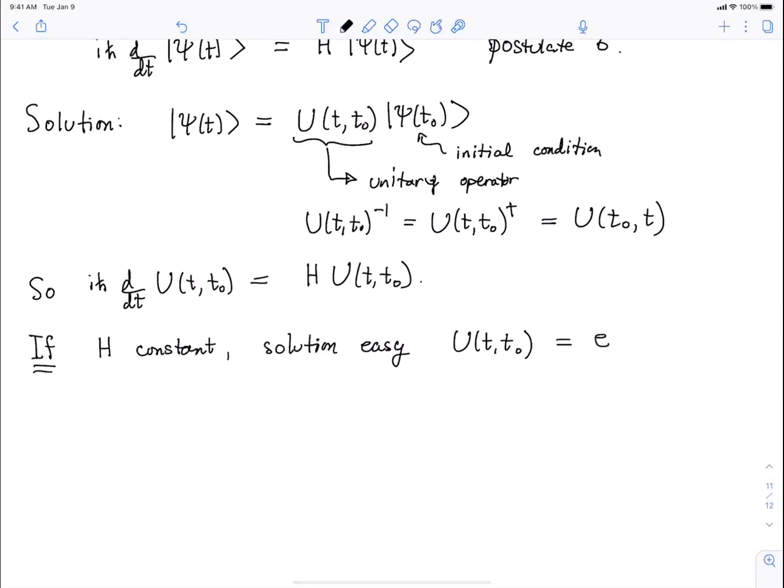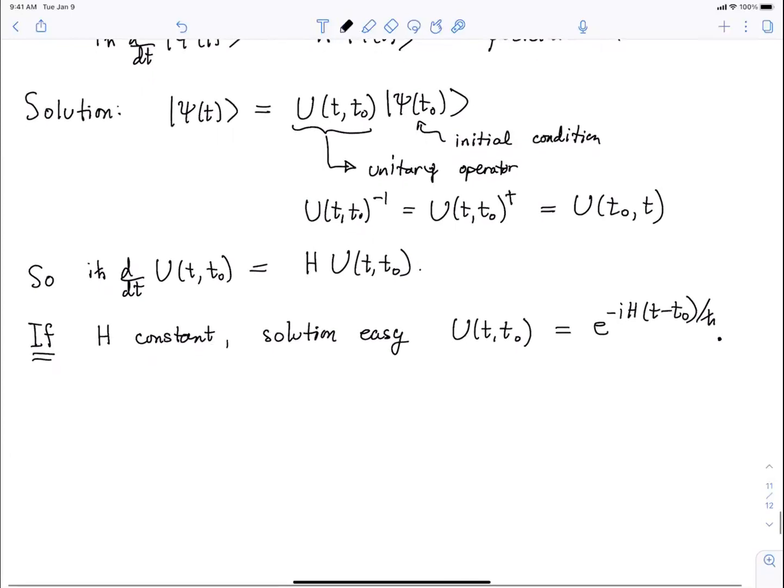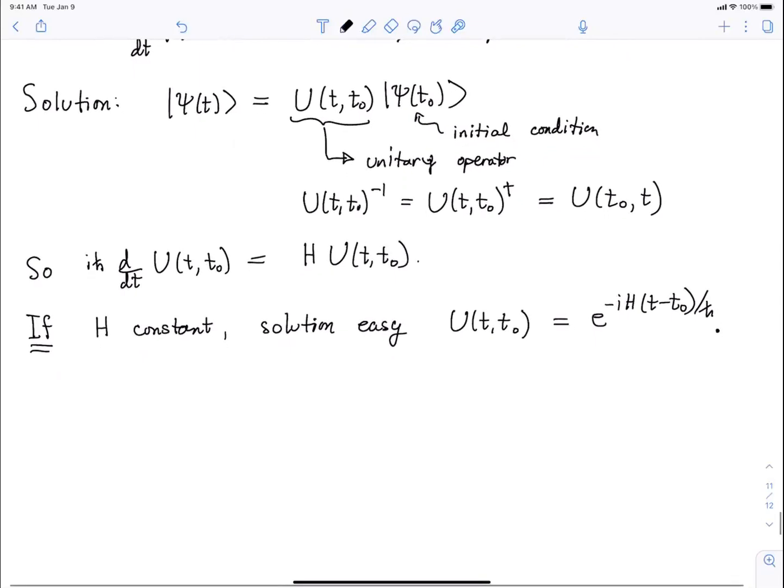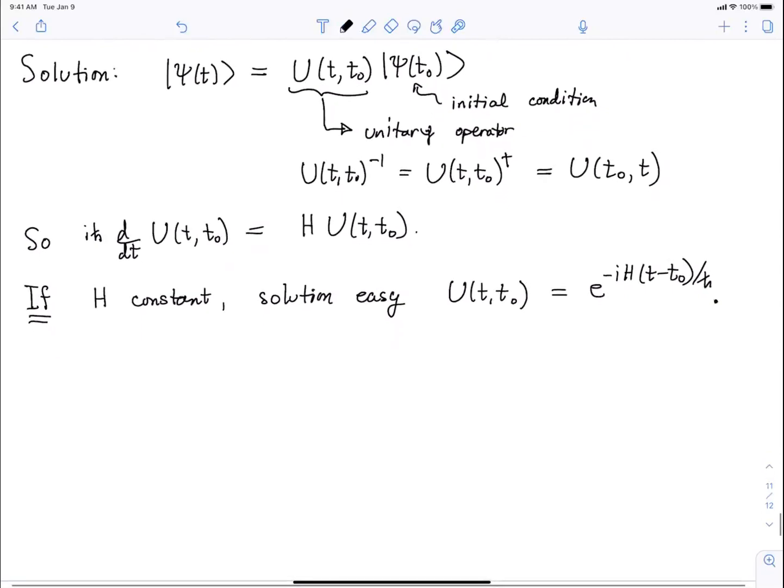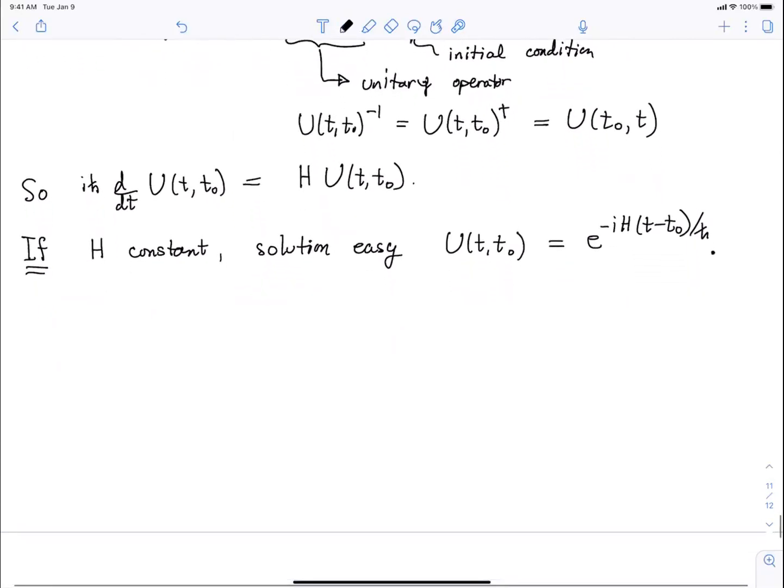Okay, and it's the exponential of minus i H (t minus t0), all divided by h bar. So if that was all there was to it, if we were only interested in constant Hamiltonians, there really wouldn't be any point in talking about the other pictures, because we've just written down the answer. There's not much more to do except evaluate the Hamiltonian and evaluate its exponential. But the point is that the Hamiltonian is not always constant, and that's what we're getting ready to work on.